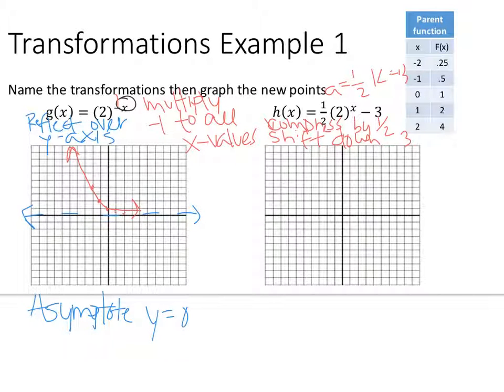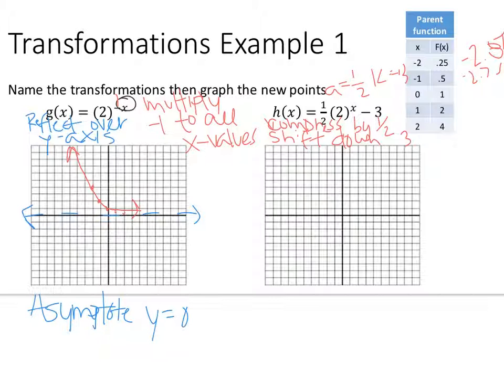So half of 0.25 is 0.125. And then if I subtract 3 from that, that's going to be -2.875. Half of 0.5 is 0.25, and if I subtract 3 from that, that's going to be -2.75.